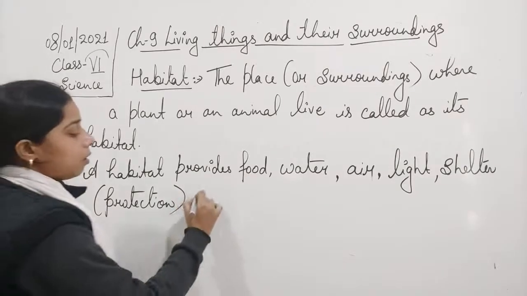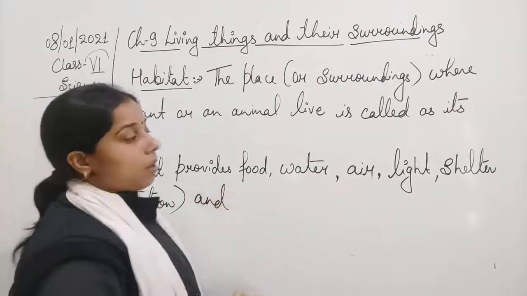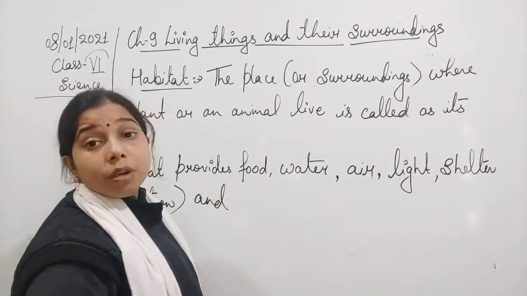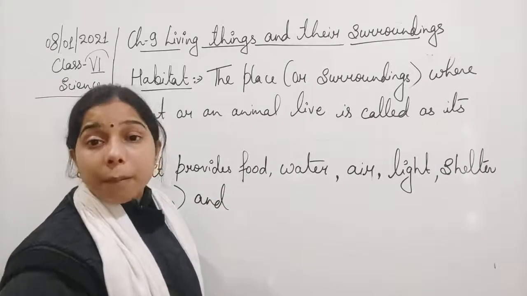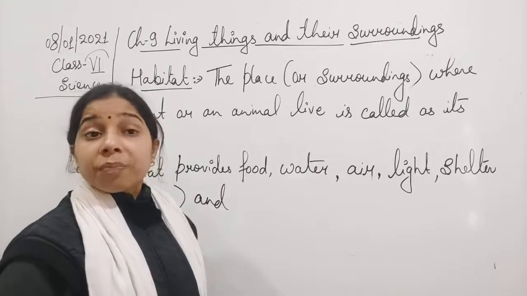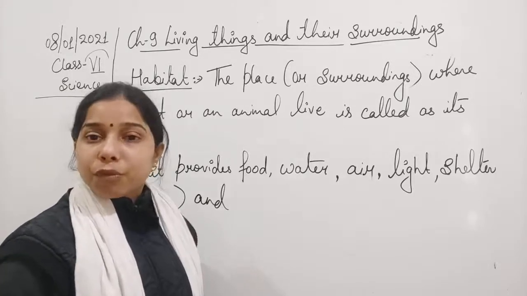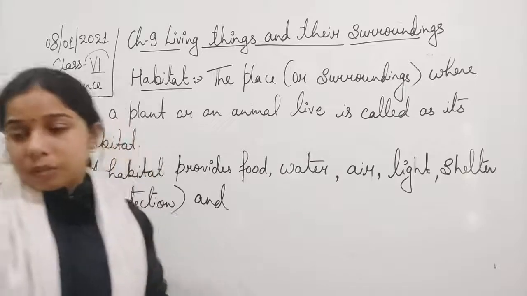As well as, okay, you are having all these things. So what do you want after that? You want to increase the number of your species. So that place must be a good place for breeding. Okay, so we can write it.